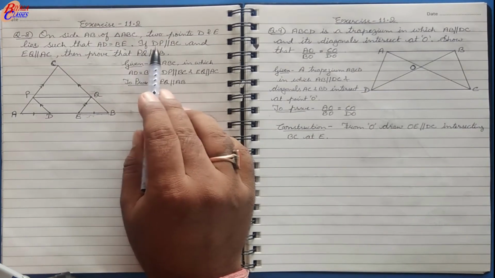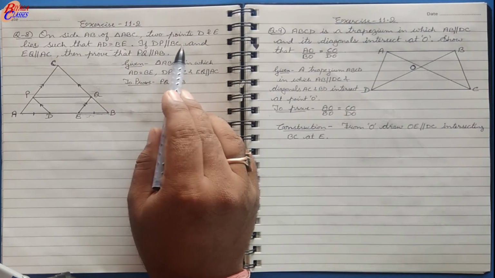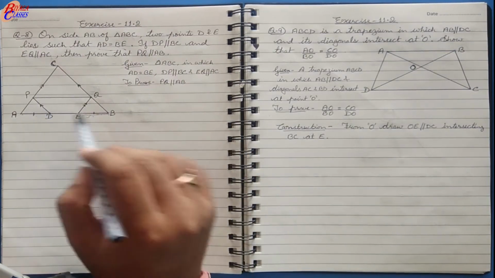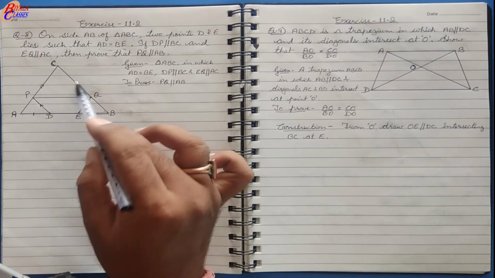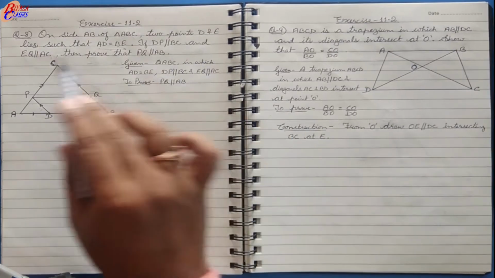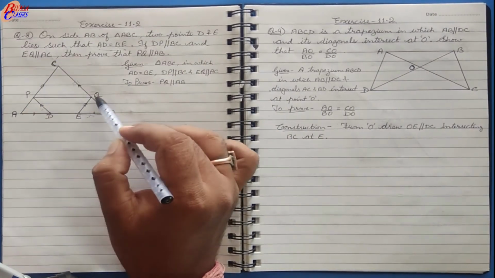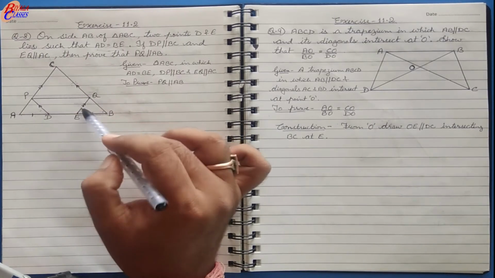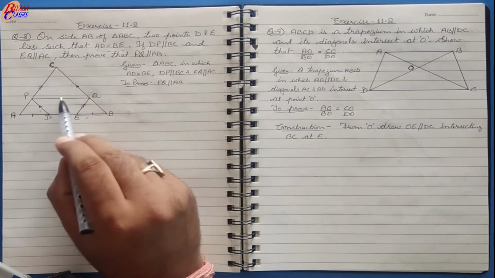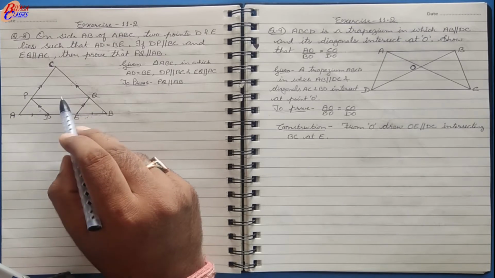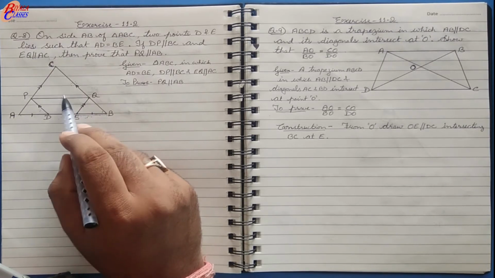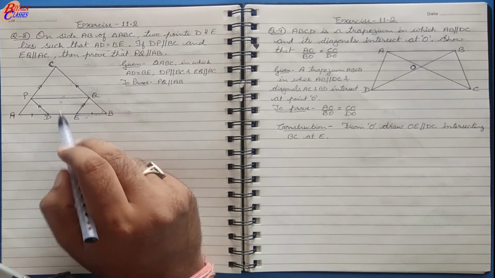Also it says that DP is parallel to BC, so this is DP and this is BC. These two line segments are parallel to each other, and EQ is parallel to AC. So these two are also parallel. Now you have to prove here that PQ and AB are parallel to each other.